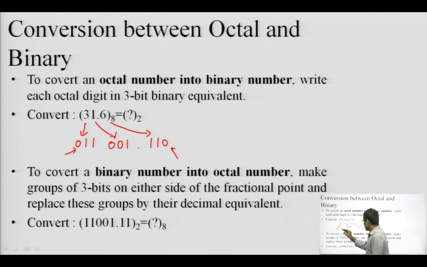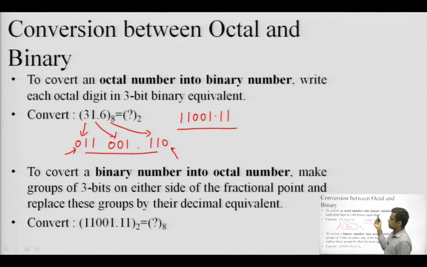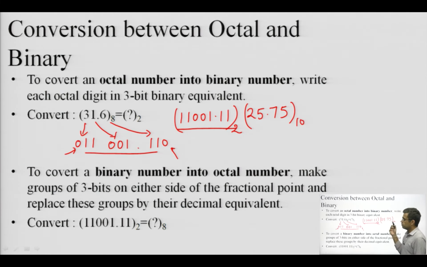So, when we club these, we can check that it is again coming as 11001.11, which is the correct answer, as this is the same number which we are carrying throughout our topic. This is actually equivalent to 25.75. We can verify this as well, that this is equivalent to this in binary and this in decimal. This we have already covered in the previous slides.